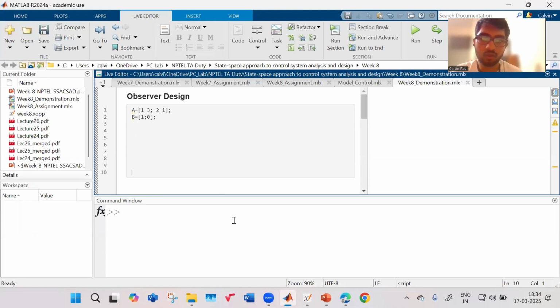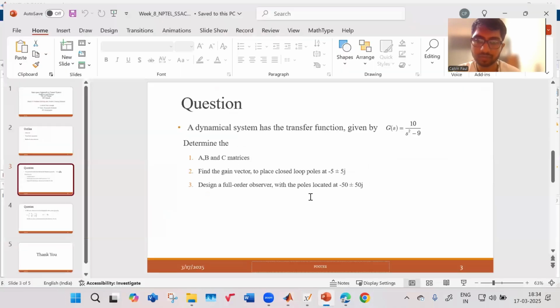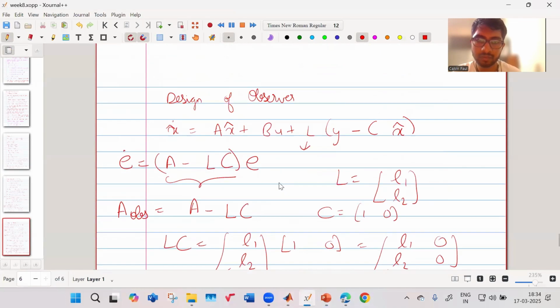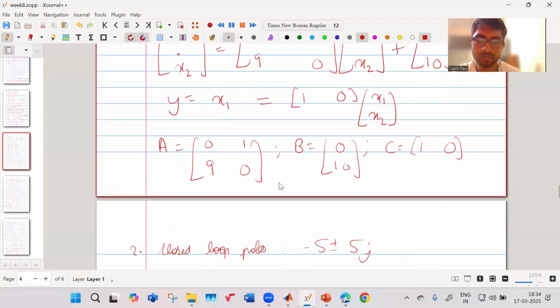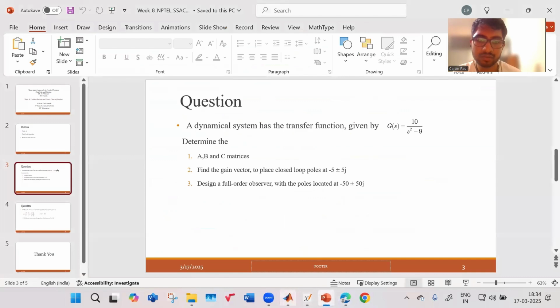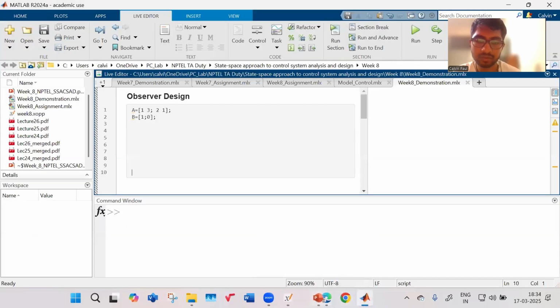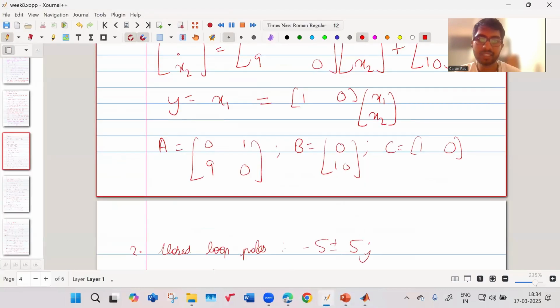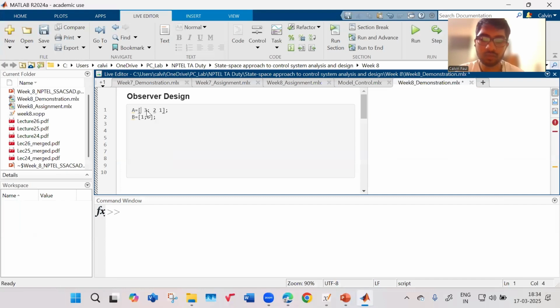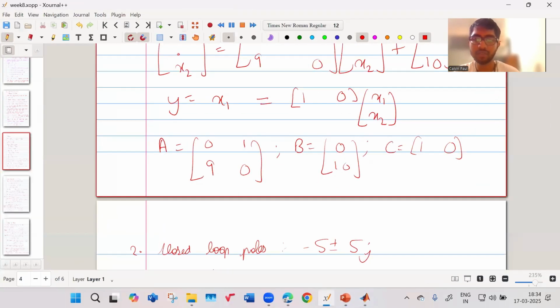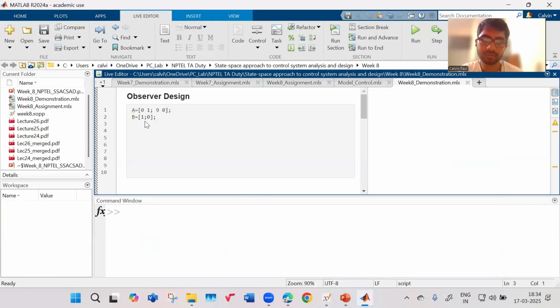What is our A matrix? Our A matrix is [0 1; -9 0], and the B matrix is given by [0; 10].